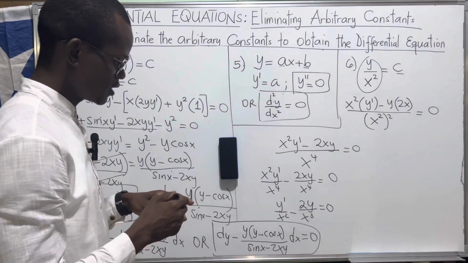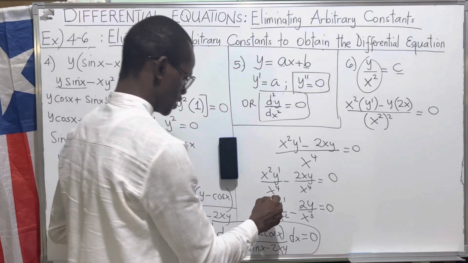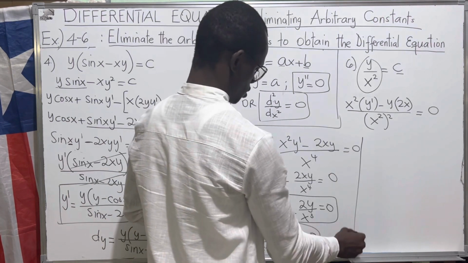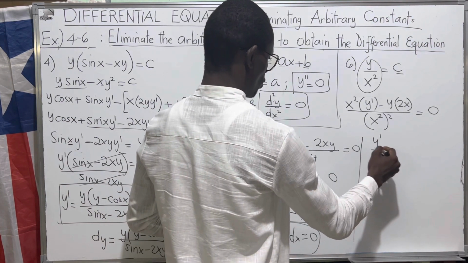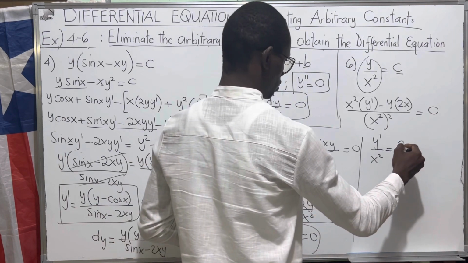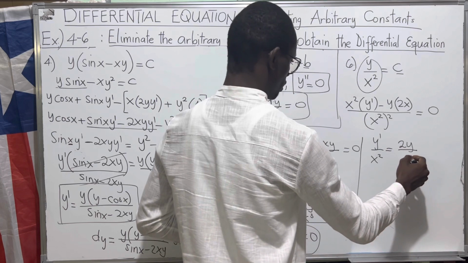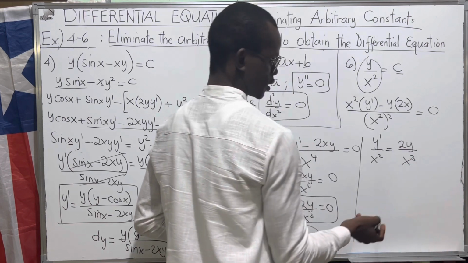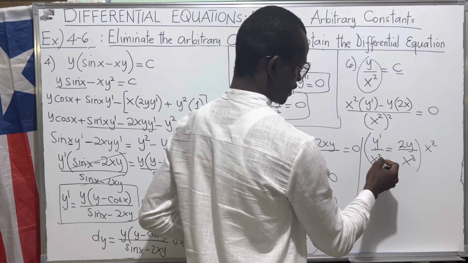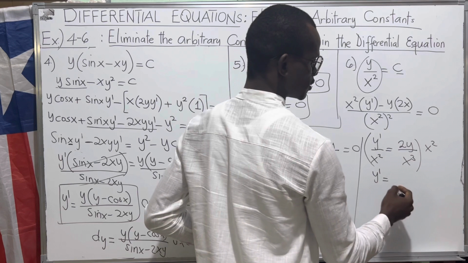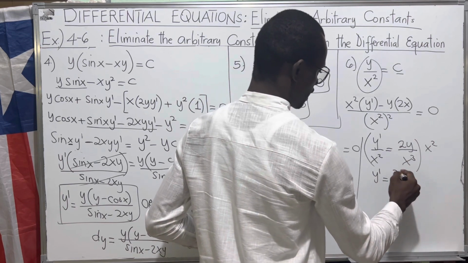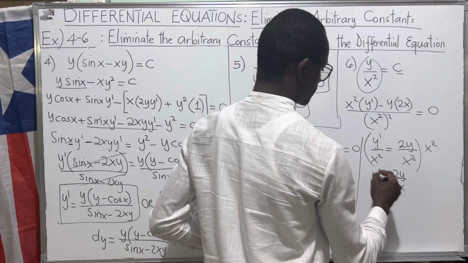So if we like, we can make just the y prime stand alone. If we send the second term across, we will have y prime over x squared equals 2y all over x cubed. So we can multiply the whole thing by x squared. So we have this x squared going out, y prime equals, then this and this, you will take 2 from this 3, you just have 2y all over x.